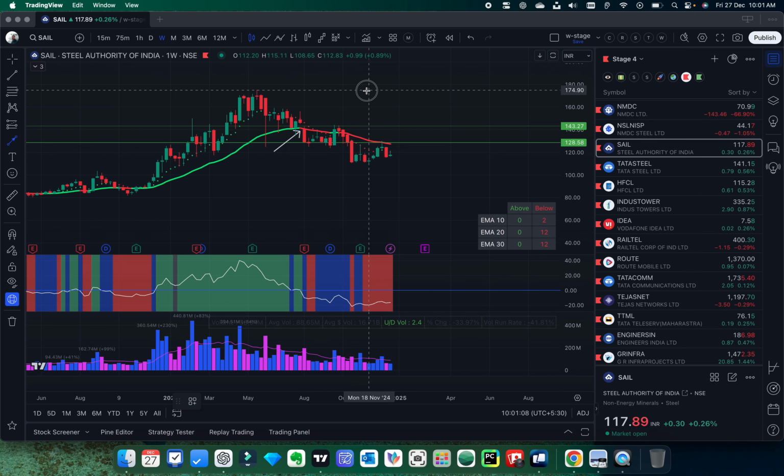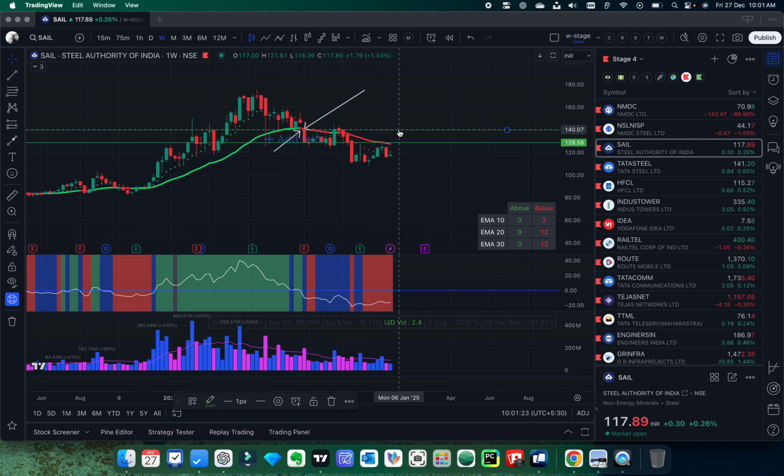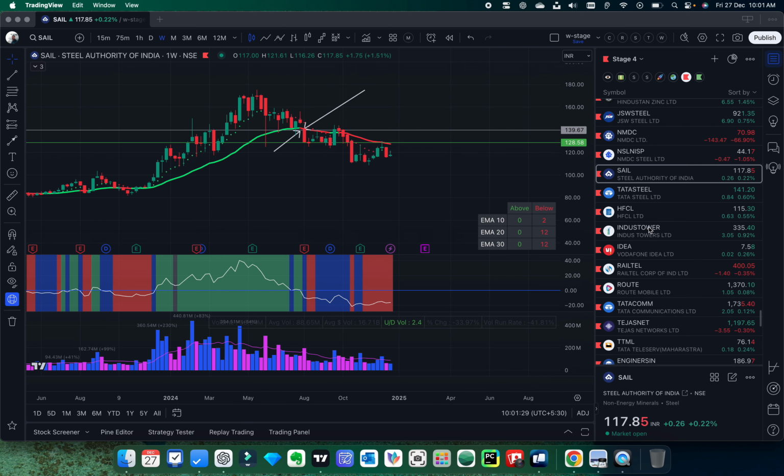So ideally we should exit here within these 2 candles. We should not wait for this. So we should actually keep automatic stop losses below this line, or on this line maybe. So as soon as the candle comes here, it should get automatically exited.